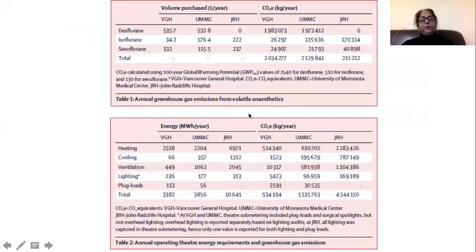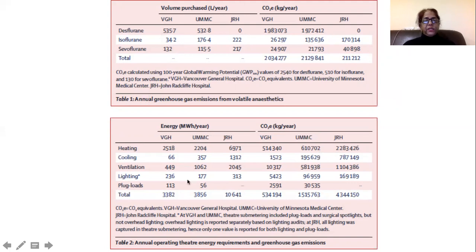And when it was analyzed, desflurane use was the main source of carbon footprint at Vancouver General Hospital, followed by Minnesota, and in John Radcliffe, they did not use desflurane. So you can see that if desflurane, isoflurane, and sevoflurane are compared, desflurane is associated with the highest resultant carbon footprint.